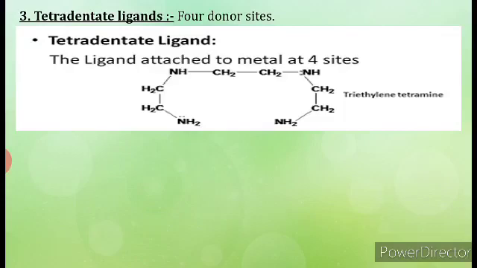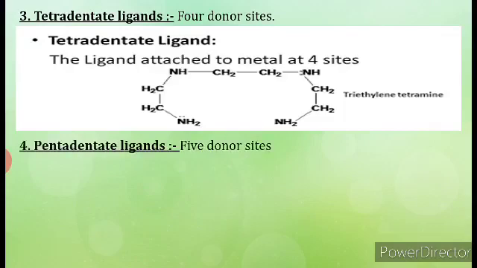Now the next category will be pentadentate ligand. 5 donor sites, 5 donor atoms. The example is ethylene diamine triacetic acid.